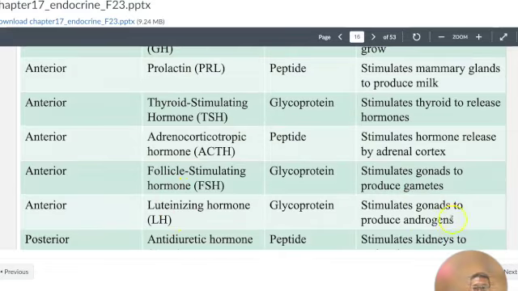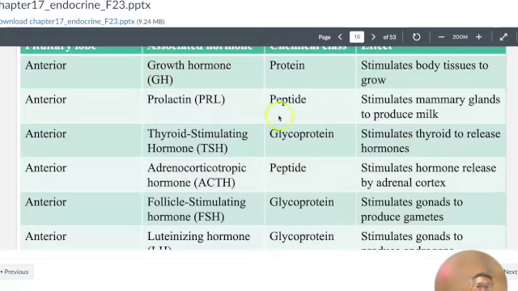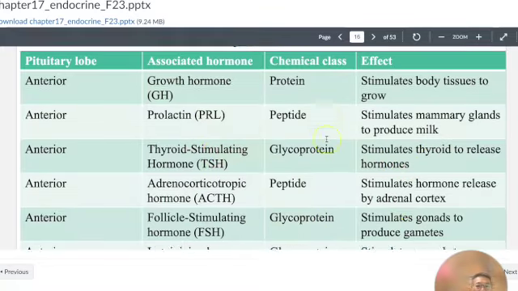Luteinizing hormone stimulates the gonads, which make sex cells, and produces androgen, sex hormones. Follicle stimulating hormone stimulates the gonads to produce gametes, which are sex cells. ACTH is for the adrenal gland. Thyroid stimulating hormone is for the thyroid to release hormones.